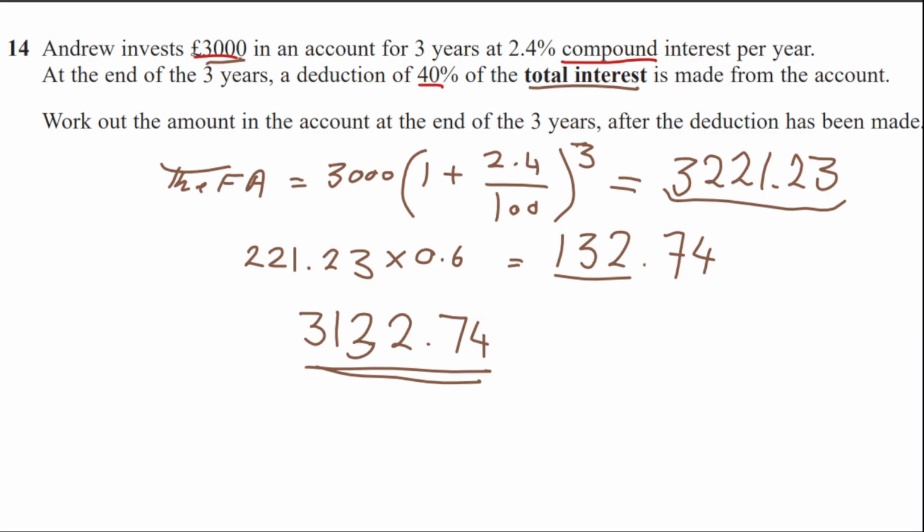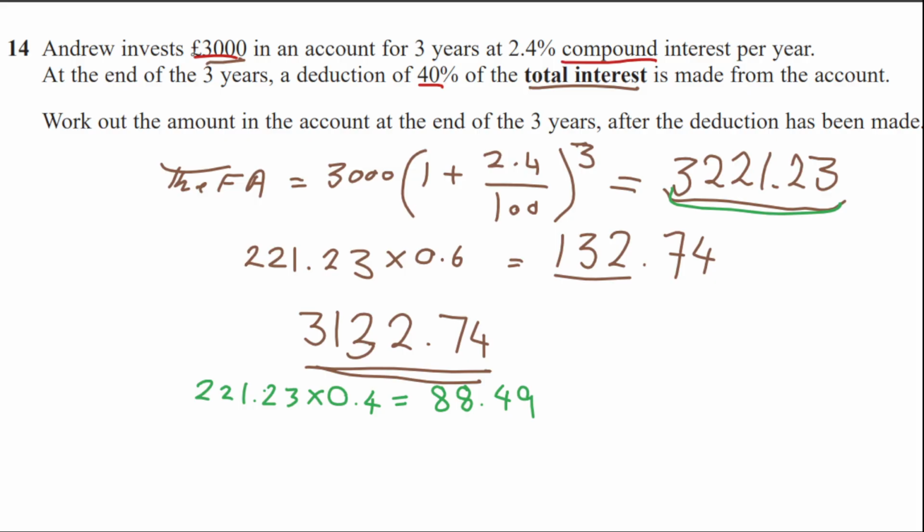Now if you don't want to do it this way, you can also do this: we got the profit, which is 221.23, times the deduction, which is 0.4. That gives you 88.49.